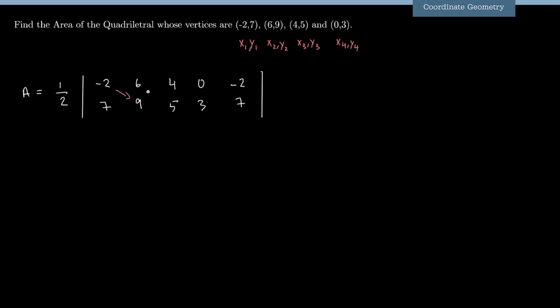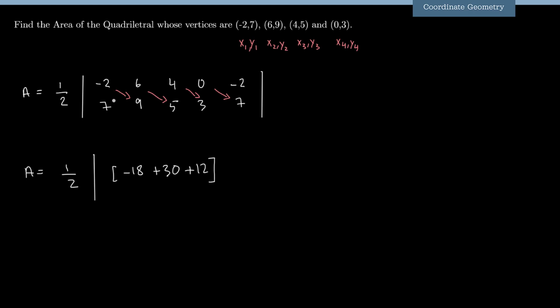Next, I'm going to multiply the numbers in this diagonal. So then the area is going to be equal to 1 upon 2 times modulus and then minus 2 times 9, which is minus 18, 6 times 5, which is 30, 4 times 3, which is 12, and then 0 times 7, which is just 0.